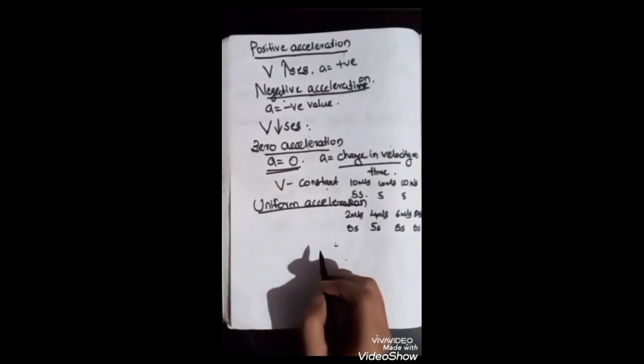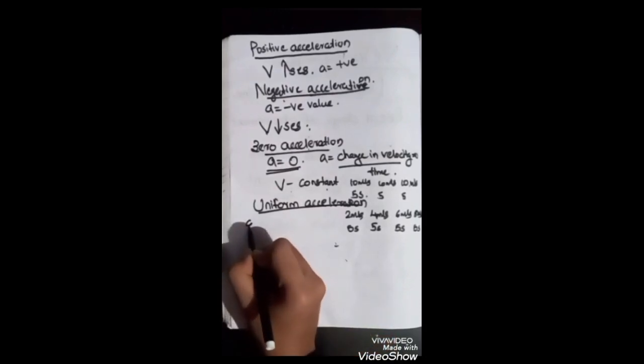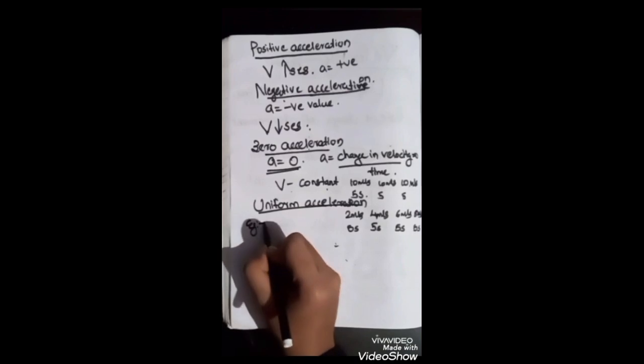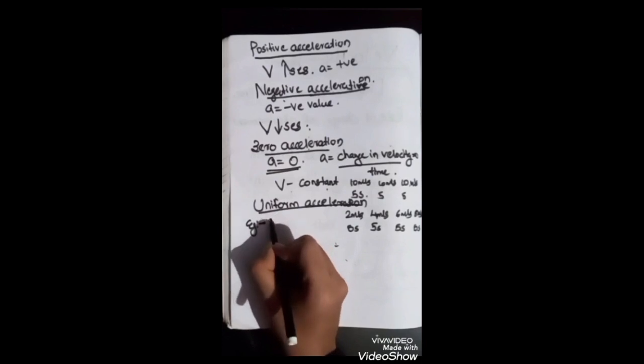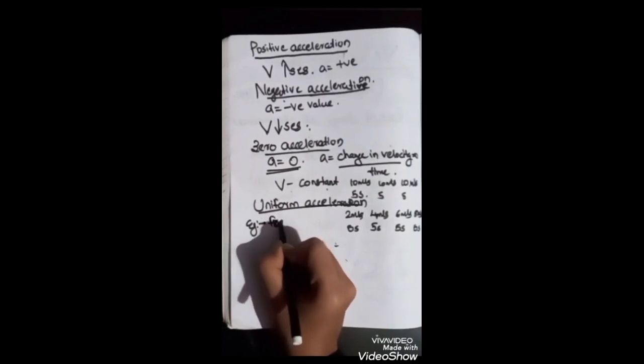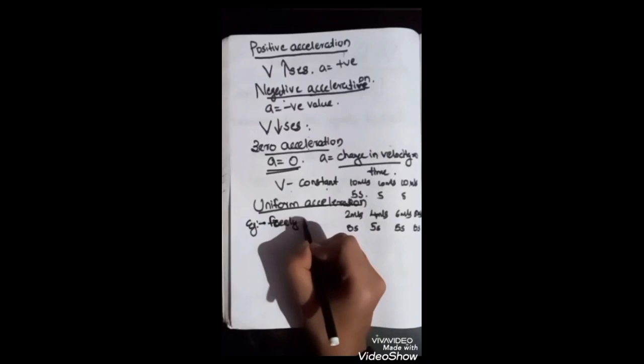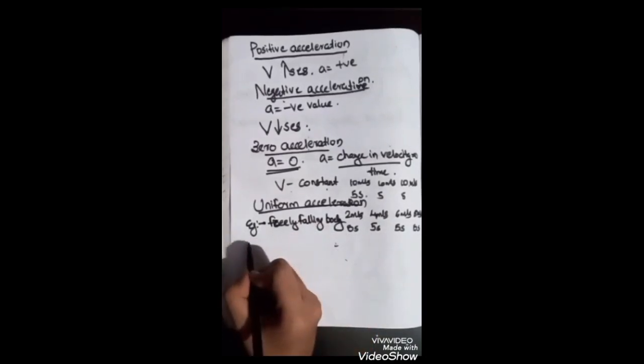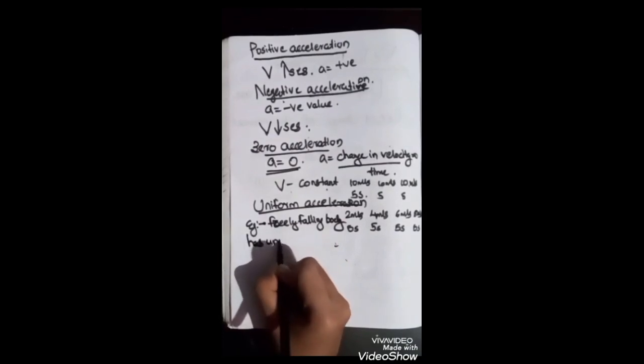The example for uniform acceleration is the motion of a freely falling body. Freely falling body is uniformly accelerated. It is very important, freely falling body has uniform acceleration.